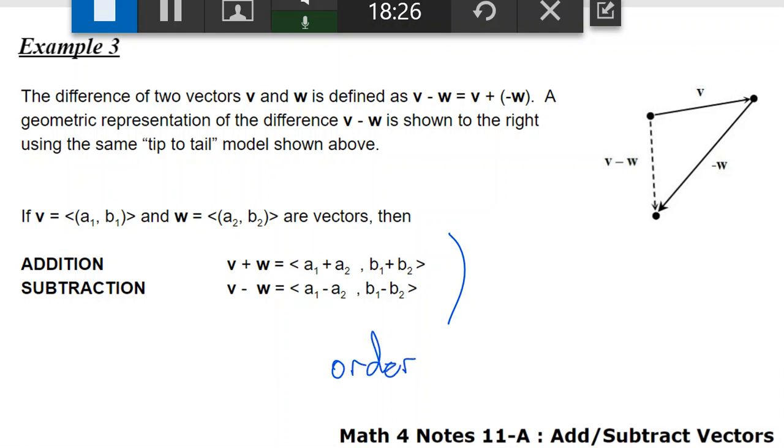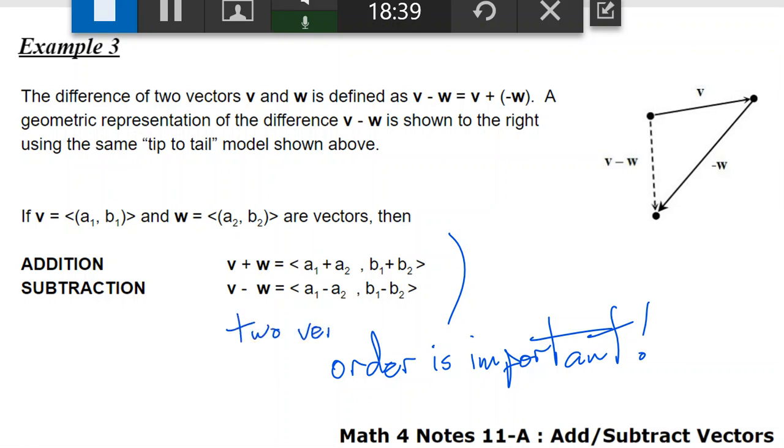Order is important. And the other thing I want to point out is that there are two vectors here, not just one. Now notice that here with two vectors, it is a sub 1 minus a sub 2.